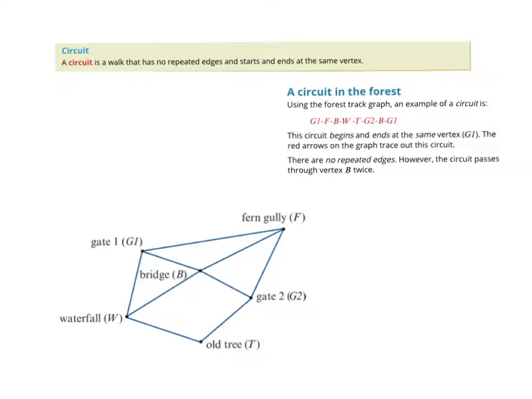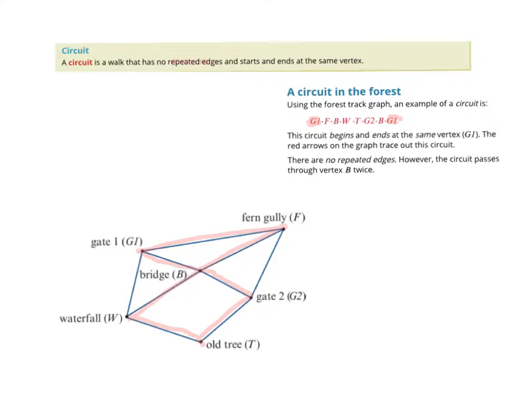Now a circuit is a walk that has no repeated edges, so you don't go over the road again, and starts and ends at the same vertex or the same spot. So let's give this one a go. I should circuit back, not go over any edge again, but be back at gate 1. So I start at gate 1, I go to Fern Gully, the bridge, the waterfall, the old tree, gate 2, back to the bridge, and then to gate 1.